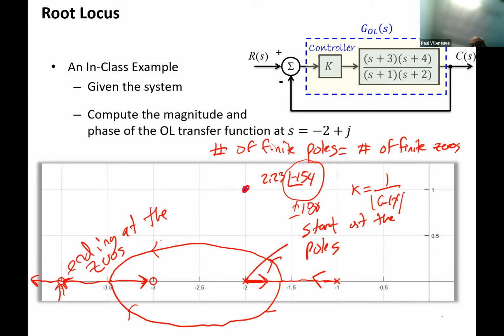One of the things we have to think about is what are called break-in or breakaway points. This is a breakaway point. It breaks away from the real axis, and then it breaks in to the real axis at a different location, which we will cover at our next class.